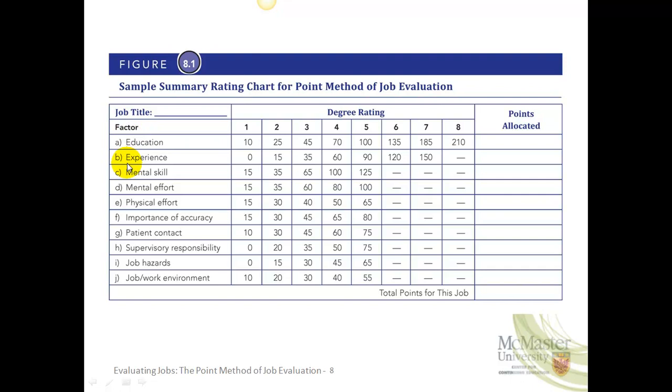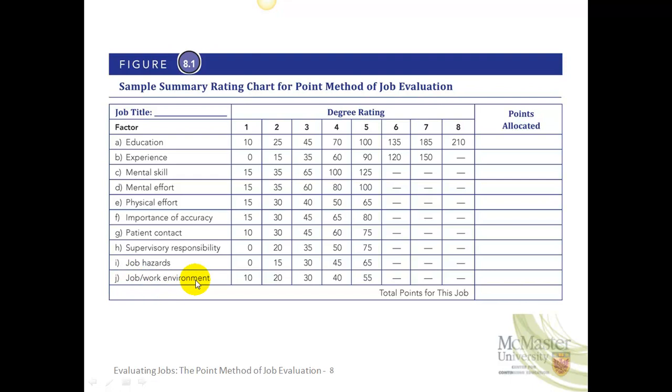We're looking at measuring effort, looking at mental effort and physical effort. We're also looking at responsibility by looking at the importance of accuracy, maybe patient contact, those kinds of things, as well as supervisory responsibility. And then we're looking at working conditions, looking at the job hazards and the work environment.